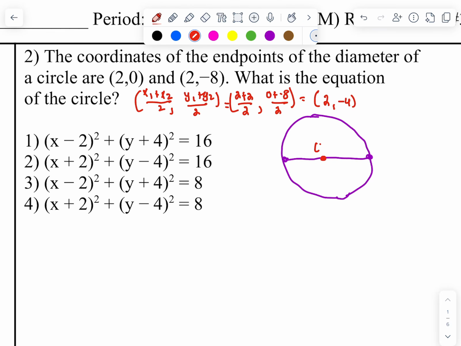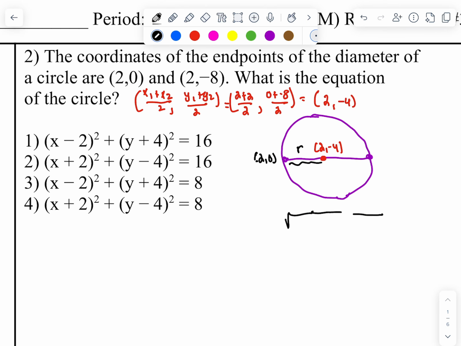And that gives us 2, negative 4. To find the radius, I'm just going to take the center and one of the endpoints. I'll just take 2, 0. It looks easier for me to work with because it's got a 0. And I'm just going to find the length using the distance formula, and that length will be the radius.